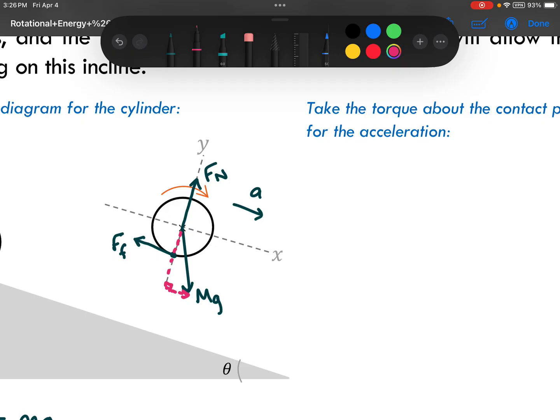When we break mg into components, remember the angle at the top here is equal to our angle theta. And so mg sine theta is the component down the ramp, parallel to the incline. And mg cosine theta is the vector component that is perpendicular to the incline, in the y direction.